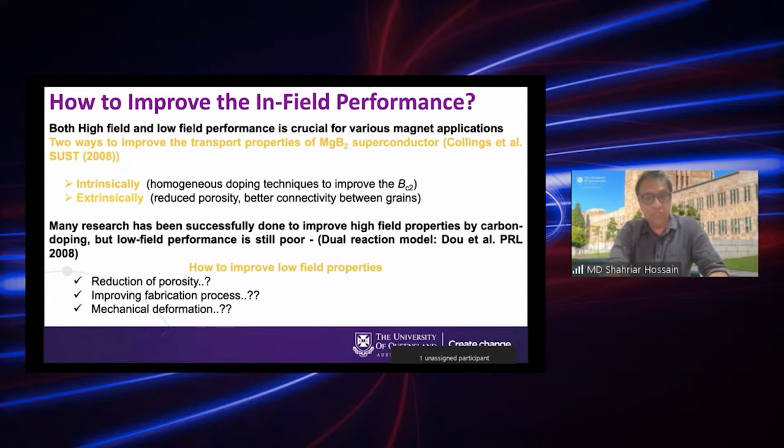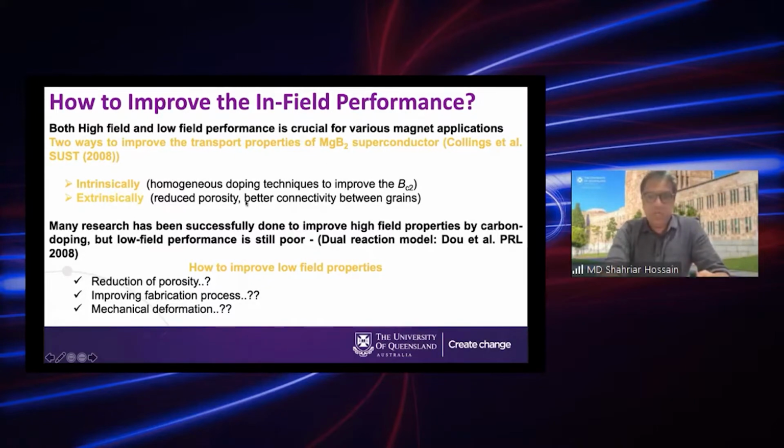Intrinsically, you can use different doping to improve the Hc2, and this only improves the high field. At low field, you need to compromise if you put in different doping. For low field, you need to reduce the porosity to improve the connectivity between the grains, and this is extrinsic. With a combination of these two techniques, you can improve the in-field performance.